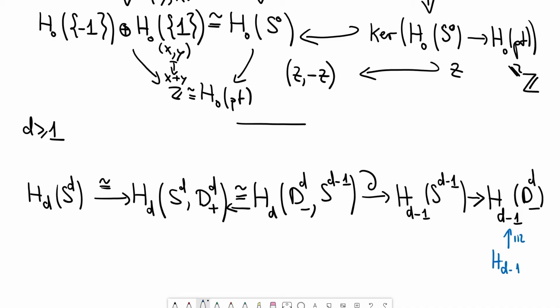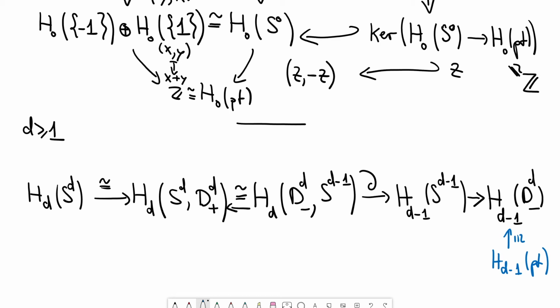It's a contractible space. So this is a point. And therefore, the kernel of this map here is the kernel of the map induced by the canonical map to the point.